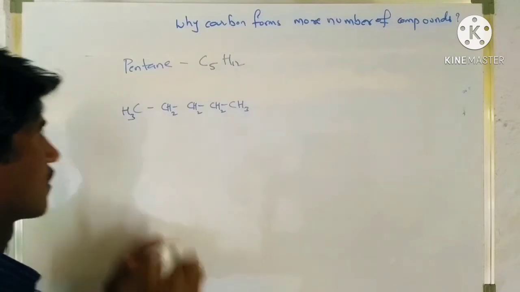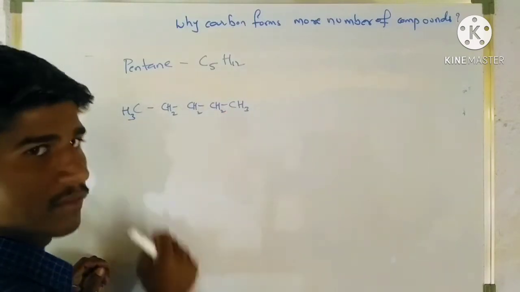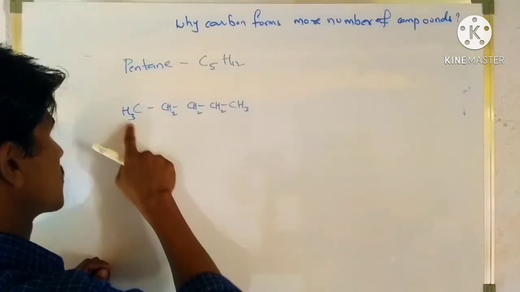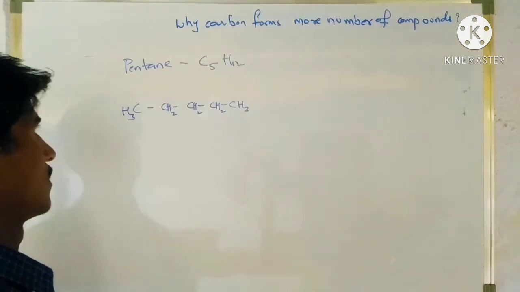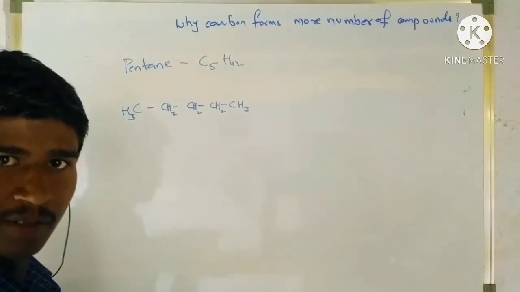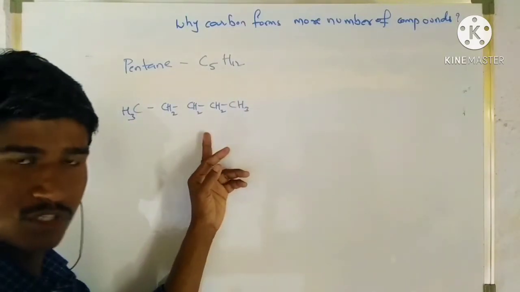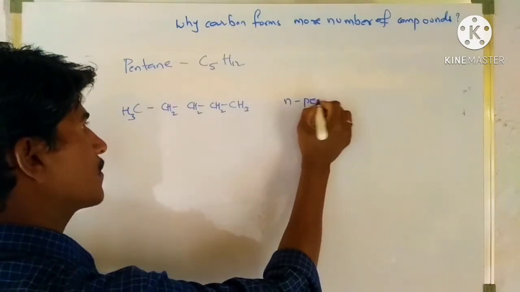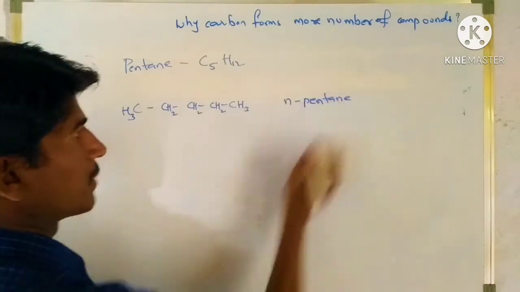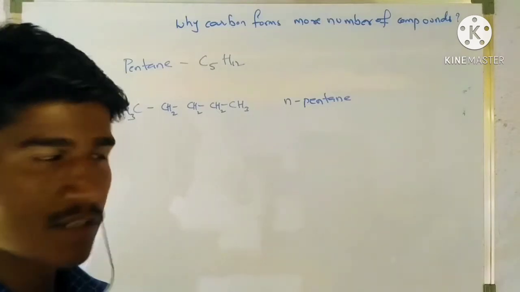So you can see 1, 2, 3, 4, 5 carbons, C5, and hydrogens 3, 5, 7, 9, 12. This is the formula of pentane, and this is one type of structure found in pentane. This is called n-pentane.